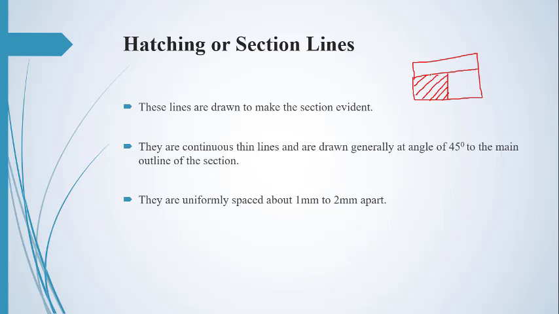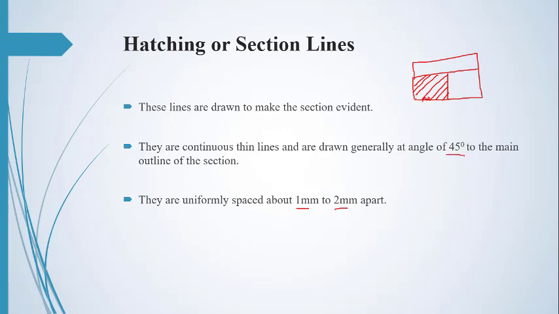You can see here, these are the hatching or section lines, and the distance between them is 2 millimeter or 1 millimeter. It's your choice if you want to keep 1 millimeter space or 2 millimeter space. It doesn't matter. However, you must keep in mind that the angle provided will be 45 degree.